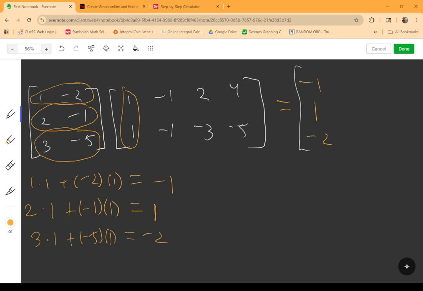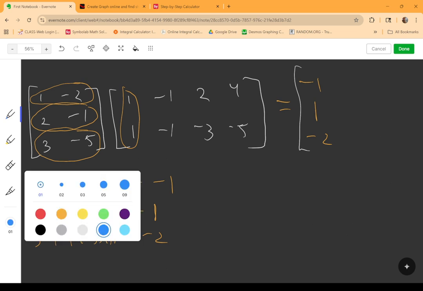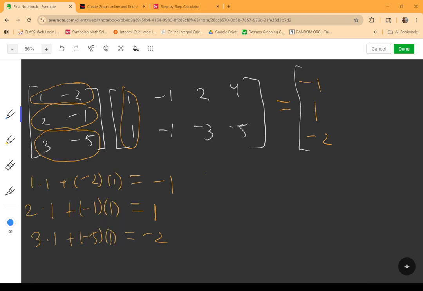Once we've gone through all 3 rows with that first column, I can move on and do it one more time to get my second column in my product, where I'll do the rows again, but now I've moved on to the second column.